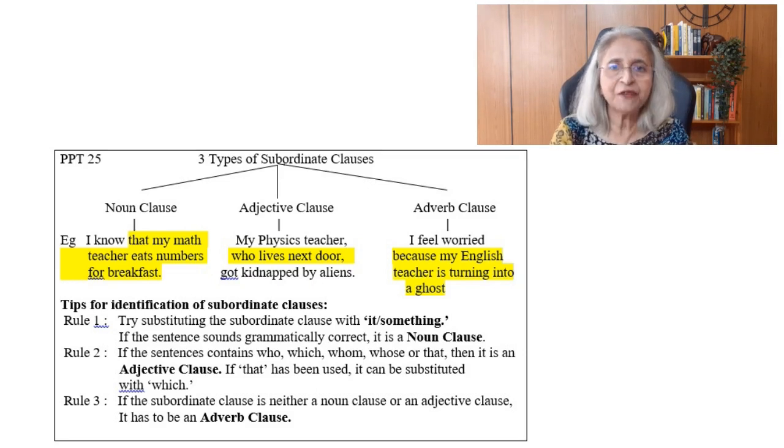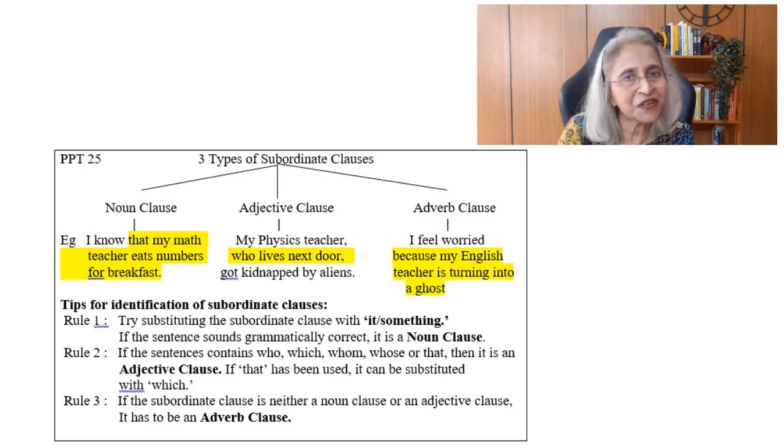So what you have here is the main clause, my physics teacher got kidnapped by aliens, and who lives next door is an addition, and it is an adjective clause. As simple as that. All right?